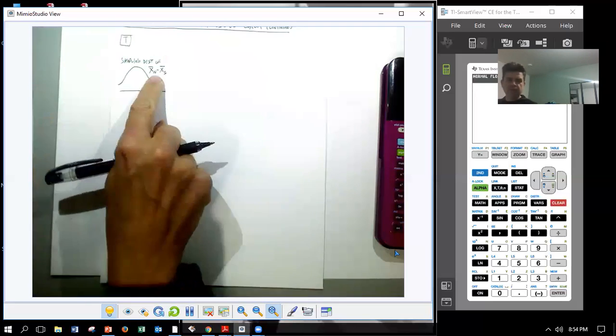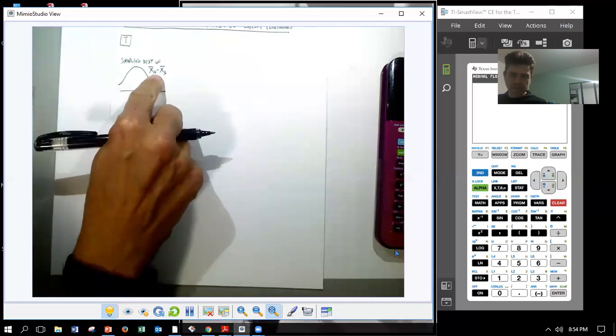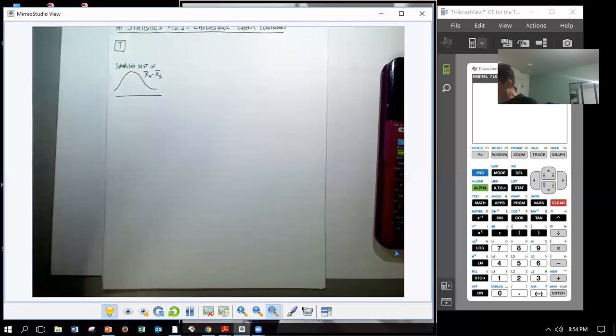Notice that we've switched to x bar because our sampling distribution is about our sample, not our population. So the hypotheses are going to have the population parameters, mu. This is the sample, so this is going to be our x bar and our x bar.